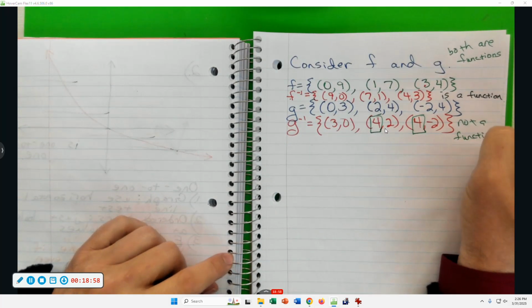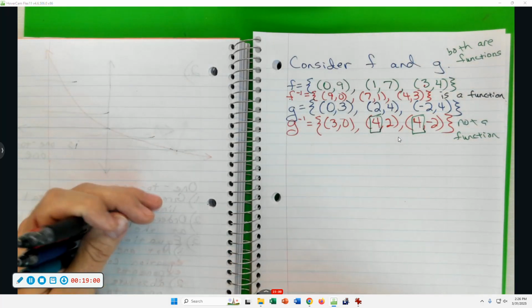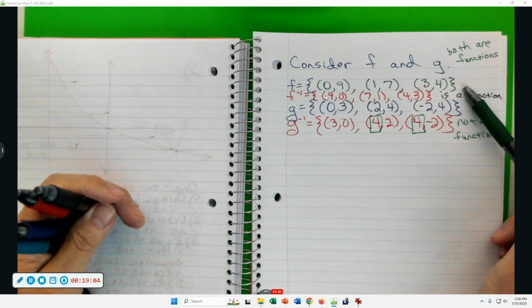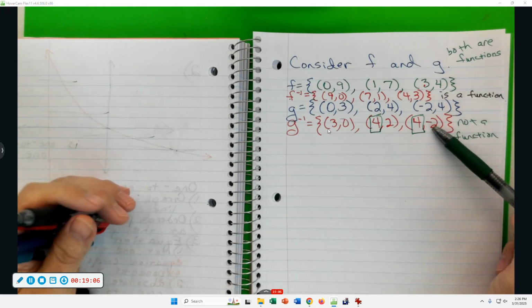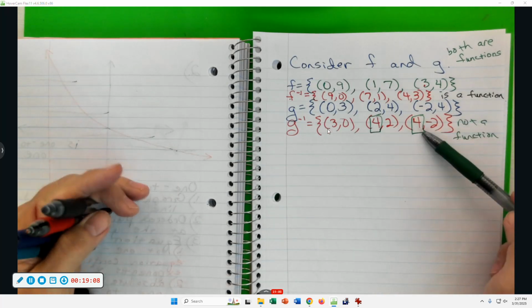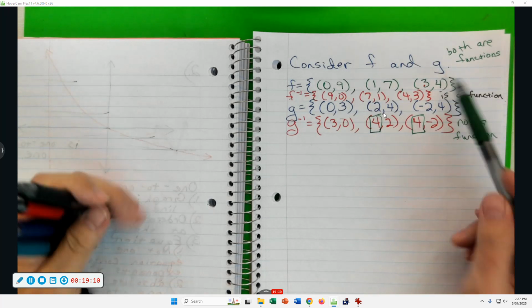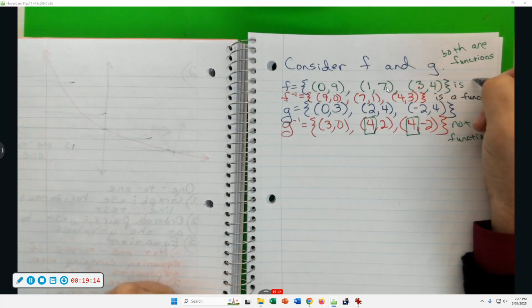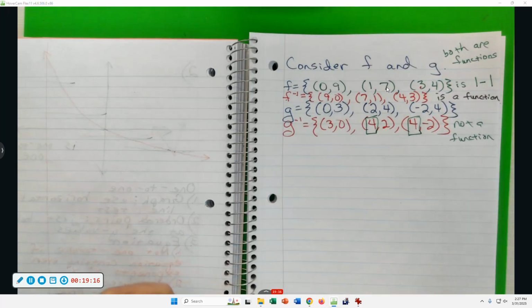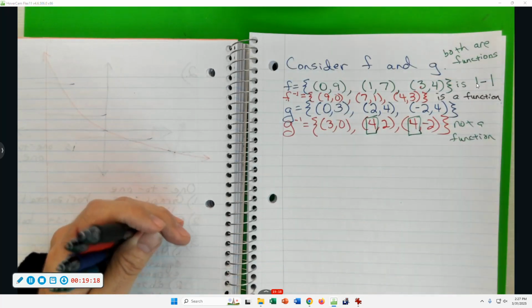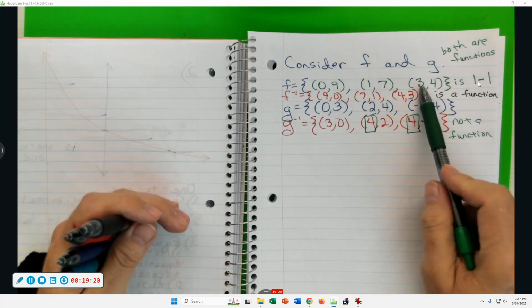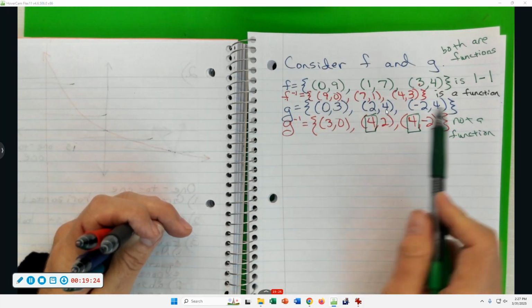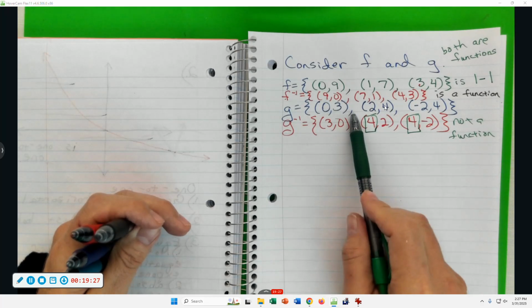Well, what went wrong? Both of them started off as functions, but when we formed the inverse of f, it was a function. The inverse of g was not a function. The difference is that f is 1-to-1. That's an algebraic notation for 1 to 1. Was g 1 to 1? No, we have those repeated 4s right there.